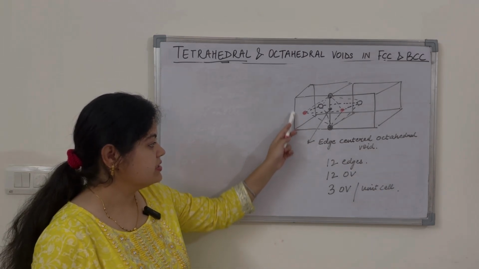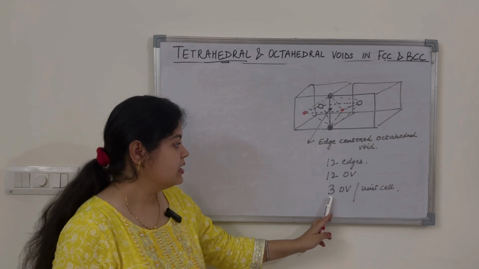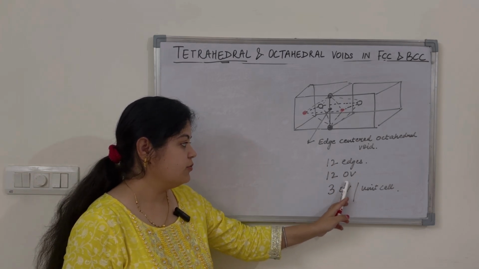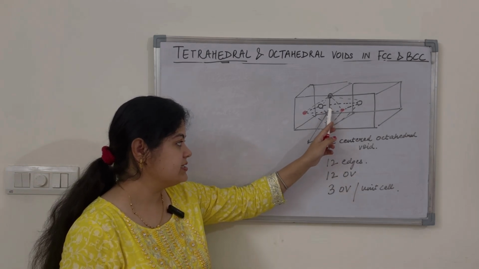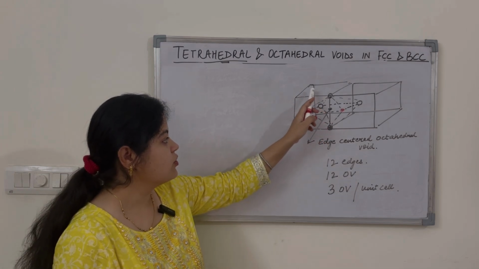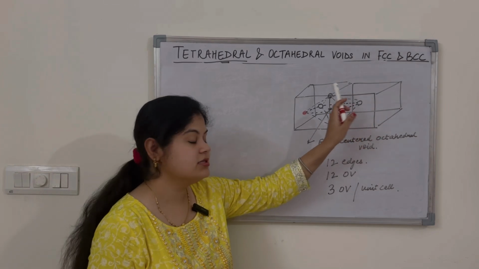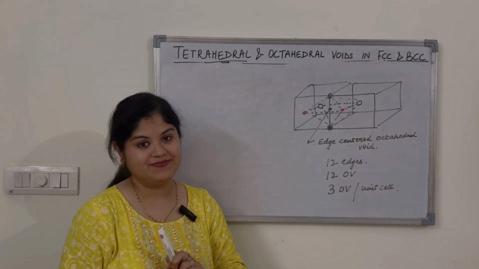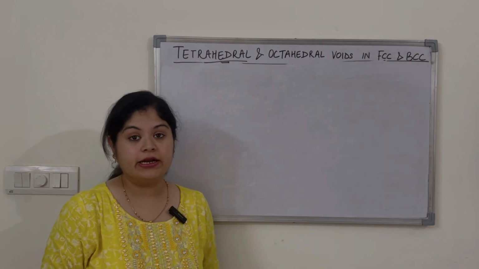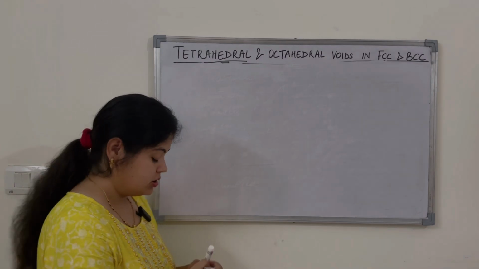So these were octahedral voids, 12 octahedral voids on the edge centers and 6 octahedral voids on the face centers of one unit cell. So in the end we come to tetrahedral voids in BCC structure.